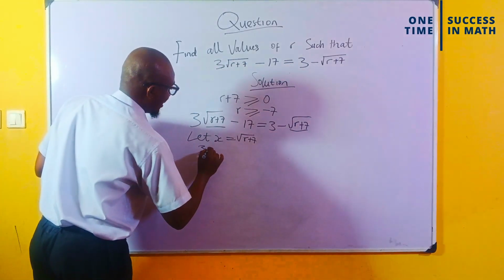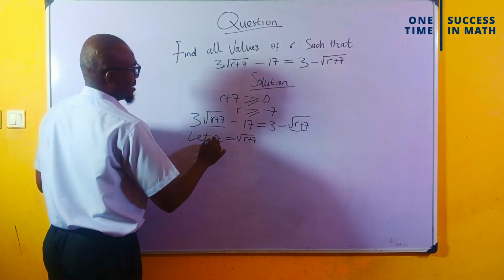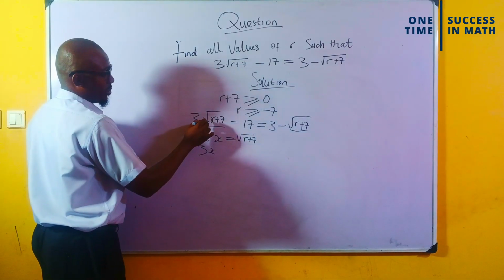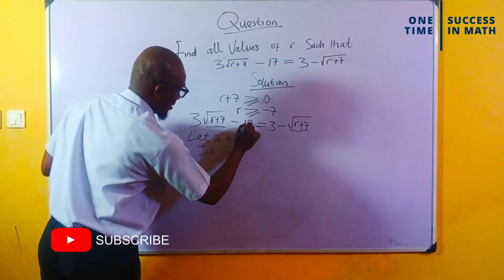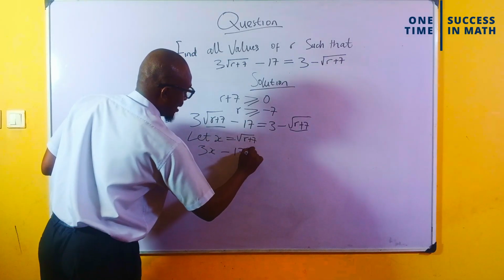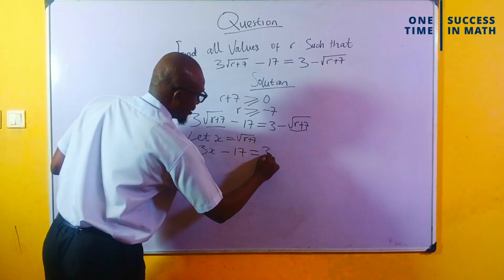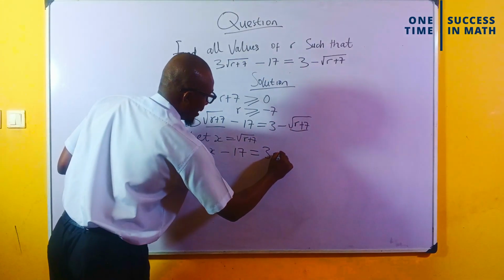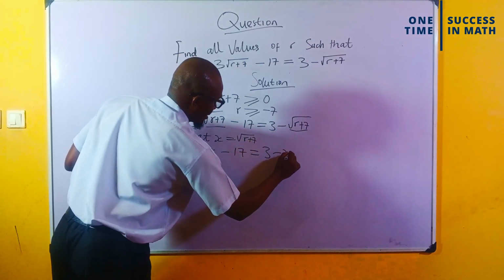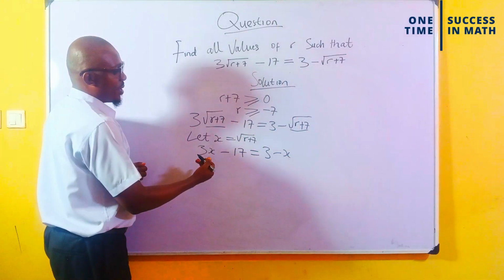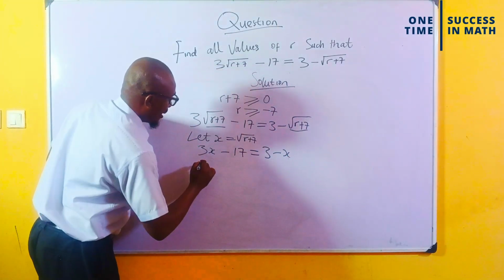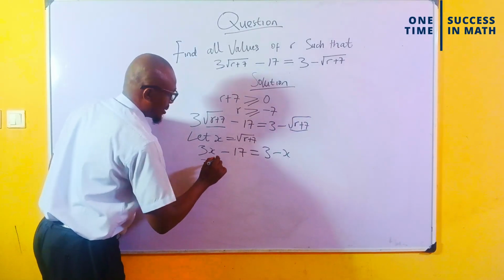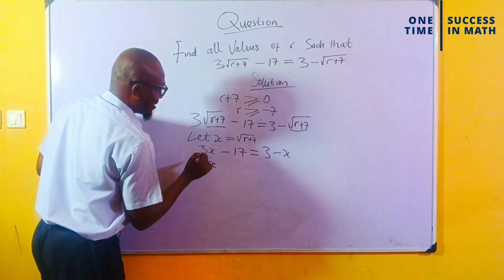So this will now be 3x, because x is root r plus 7, minus 17 equal to 3 minus x. From here, we will collect like terms. 3x, this will cross over to meet 3x.